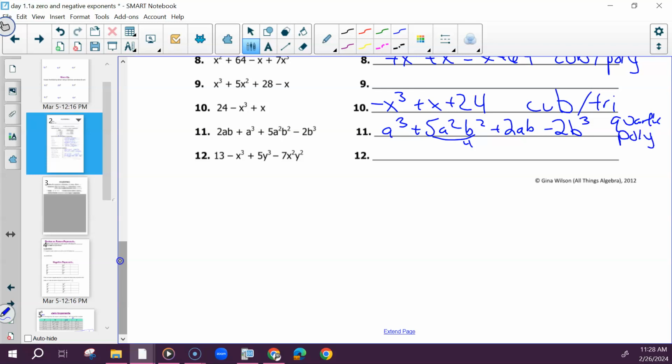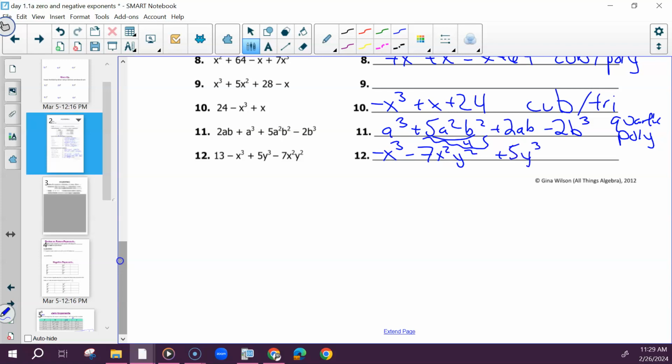How would we rearrange 12? Negative x cubed. And then 7x squared y squared plus 5y cubed.